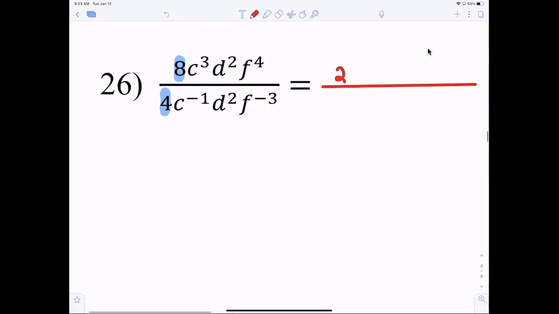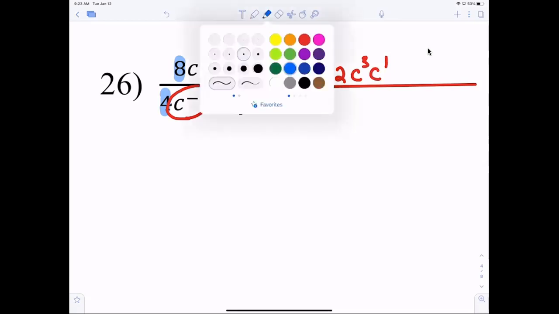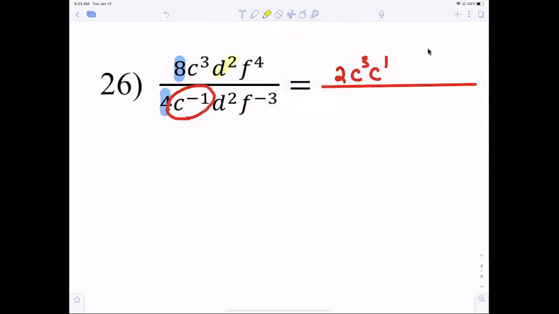Now, if it has a negative exponent, you move it. So what am I moving? Right, where does that go? On the, that's right, in the numerator. So there's already a c cubed. I'm going to bring up the c to the first. Now, if I'm looking carefully, what happens to the d squared and the d squared? They cancel out.